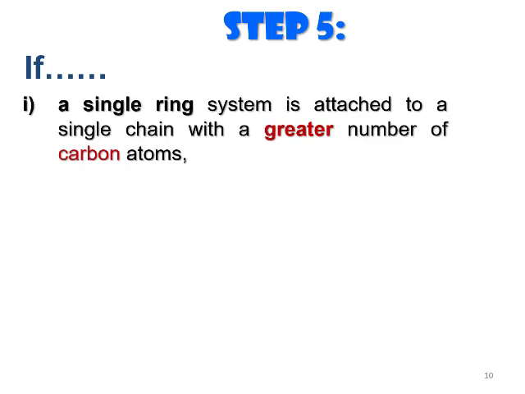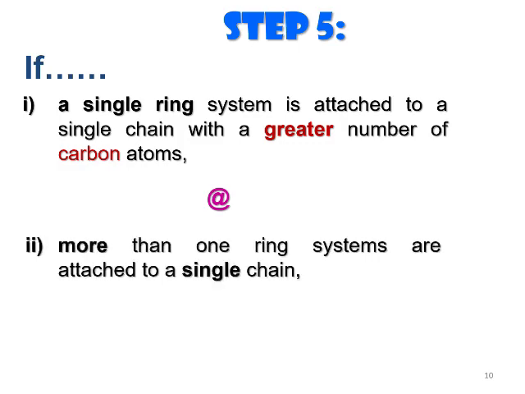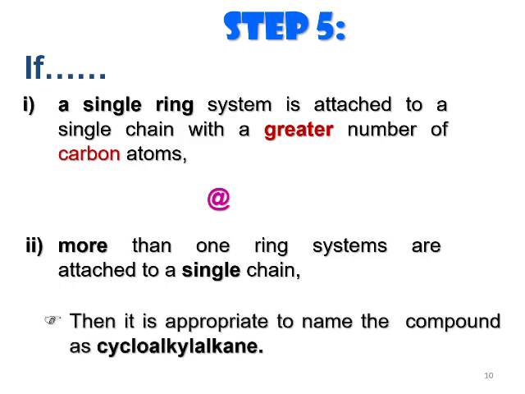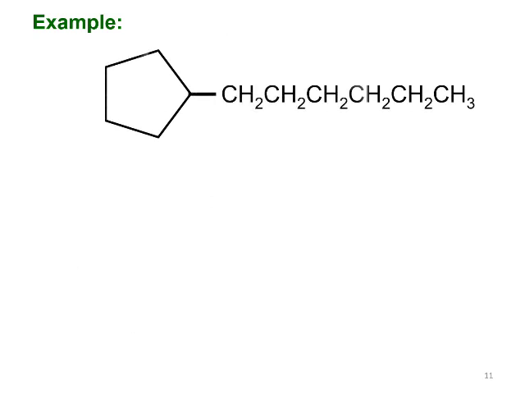Step number 5. If a single ring system is attached to a single chain with a greater number of carbon atoms, or more than one ring system is attached to a single chain, then it is appropriate to name the compound as cycloalkyl alkane. Example: the name is cyclopentylhexane.